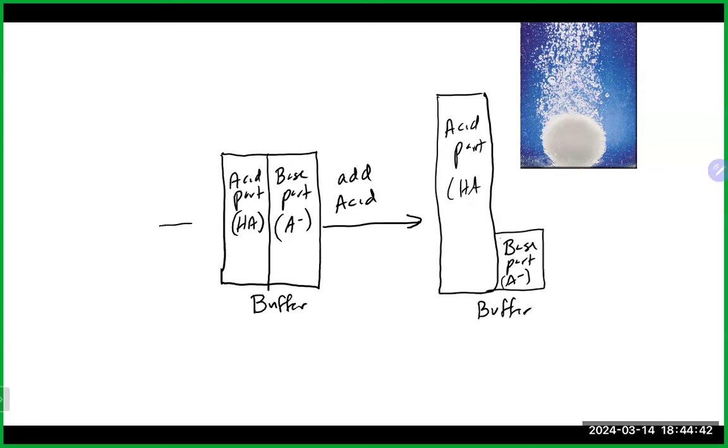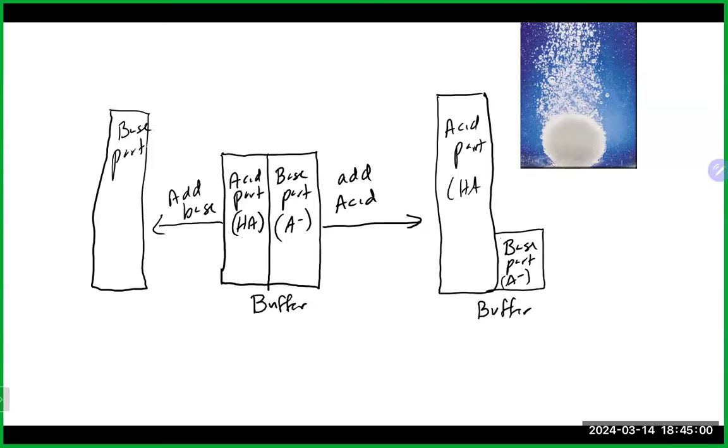And same thing happens when we add a base to a buffer. It will react with the acid part of the buffer and use some of it up, but it will produce the base part of the buffer. So once again, here we will see the base part of the buffer go up, and our acid part of the buffer go down.